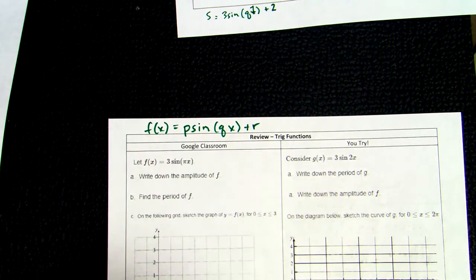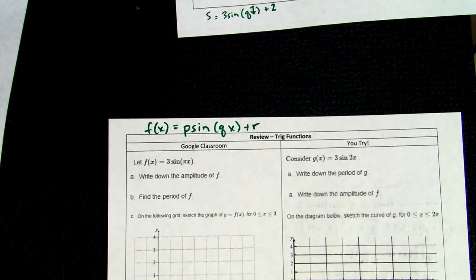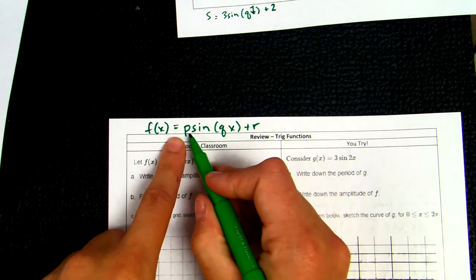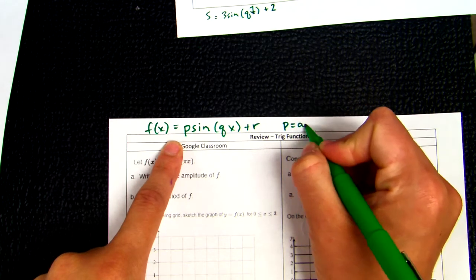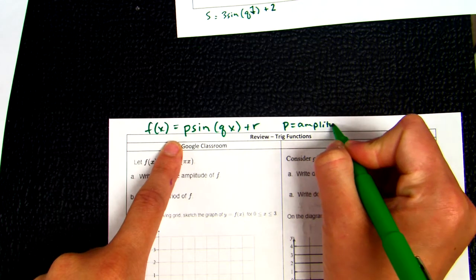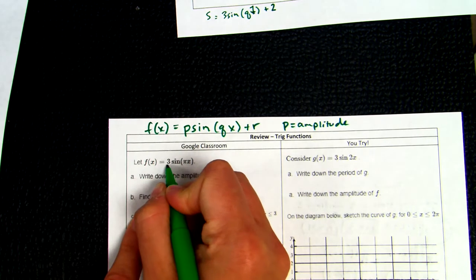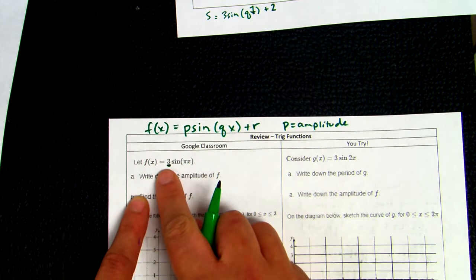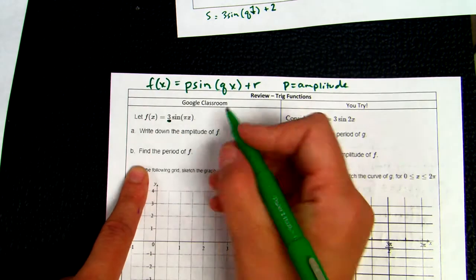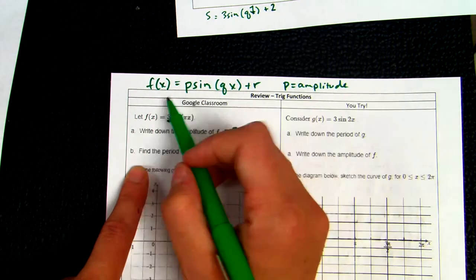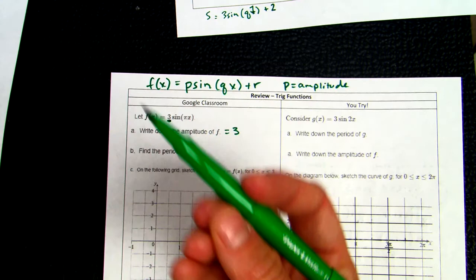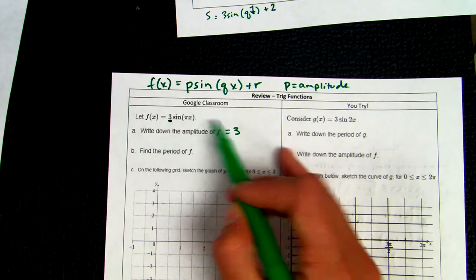P is your vertical stretch, or vertical compression. So P changes your amplitude. So P is equal to your amplitude. Whatever my value is in front of sine is going to be my amplitude. So my amplitude here is 3.